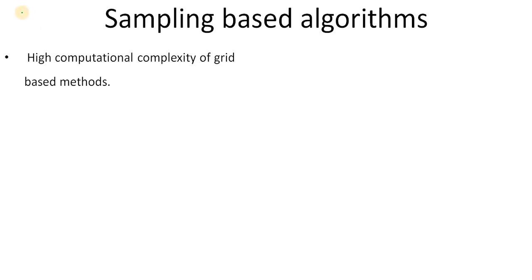So again here, let me show you. For grid-based algorithms, as long as the dimension of your grid is small, then the grid-based methods, for example, the breadth first search algorithm, Dijkstra's algorithm, or A-star algorithm, work very well, very efficiently. But as soon as the dimension of the grid increases, the number of cells also increases.